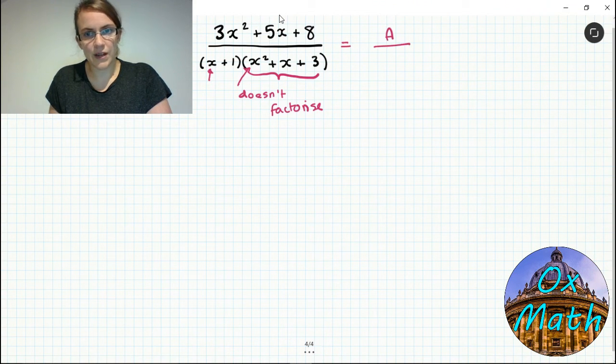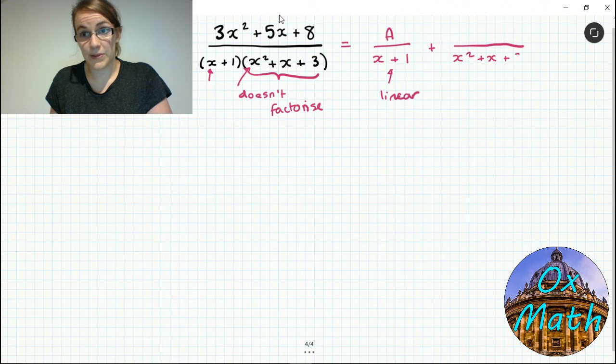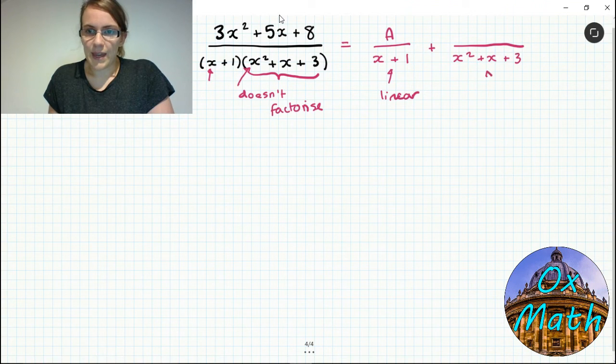So our first fraction is going to be, as before, a over x plus 1. The bottom is linear, so the top is a constant, as it was before. This gives us a proper fraction. However, the second fraction is over x squared plus x plus 3. Now this is quadratic. The highest power is 2, or we say it is of degree 2, which means that the top could be of degree 1.